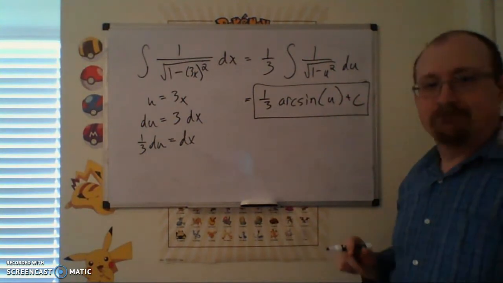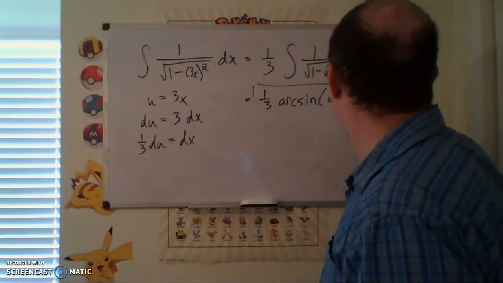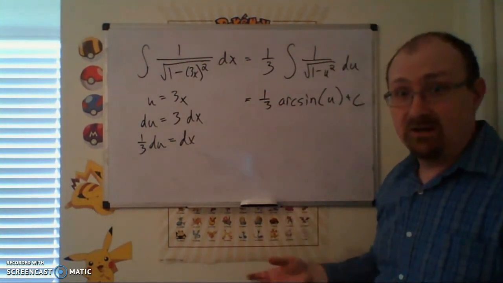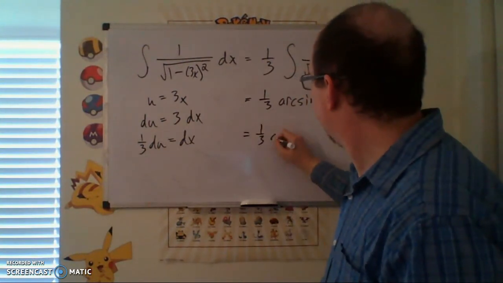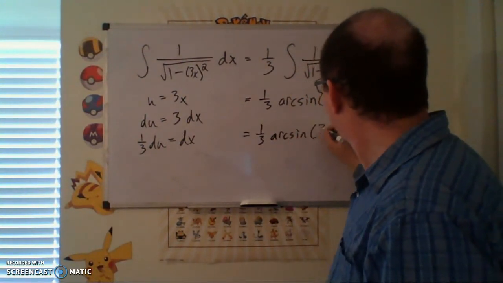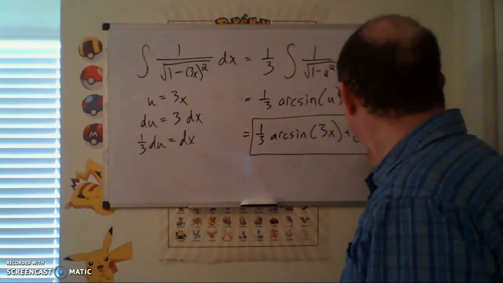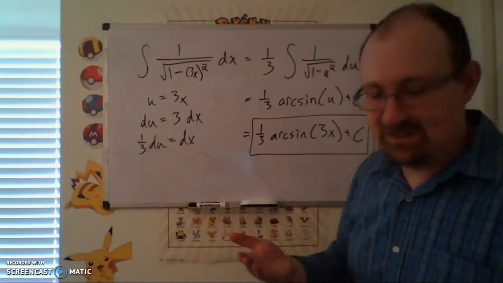Anyway, so, all right, oops, I shouldn't have put a box around that. I've been a naughty professor. Okay, so get rid of that, because what have I not done? I haven't put my expression for x back in here. Okay, so 1/3 arcsine of 3x plus c.